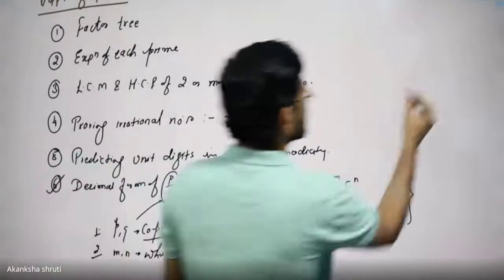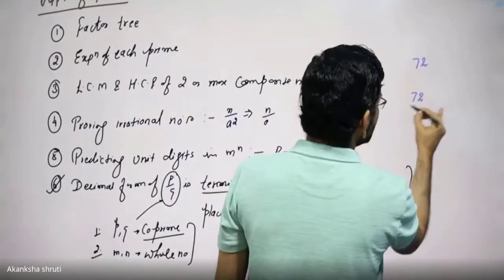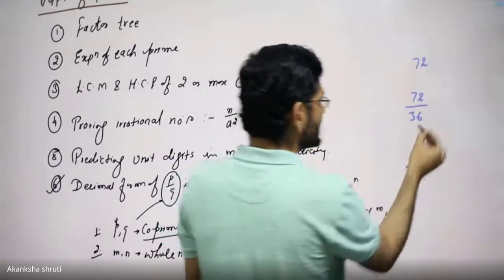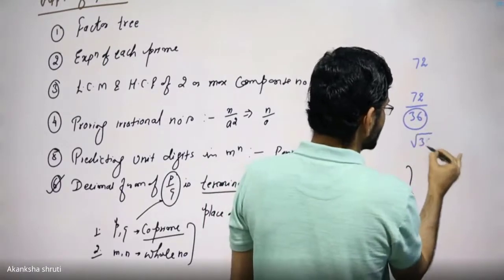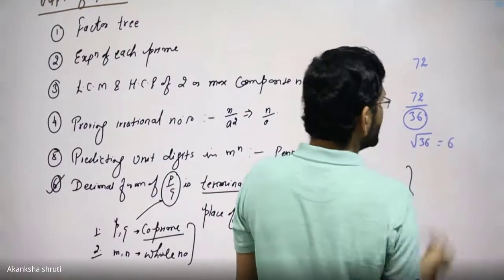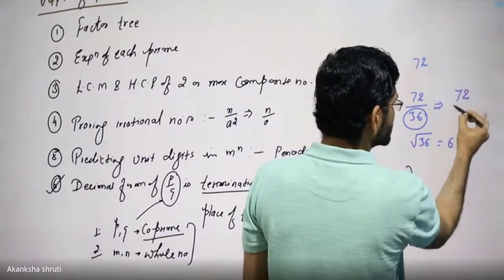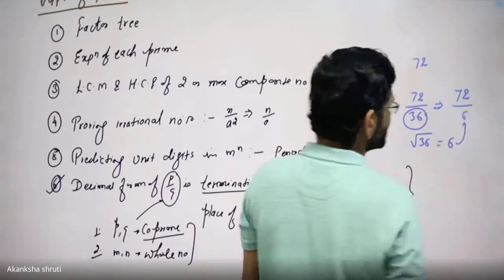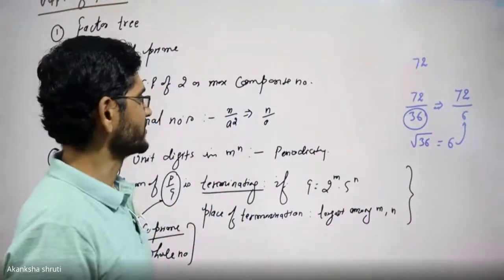Let us consider 72. 72 is divisible by 36. If we take the square root of 36, it is 6. This tells us that 72 will surely be divisible by 6. Students, it is based on this.